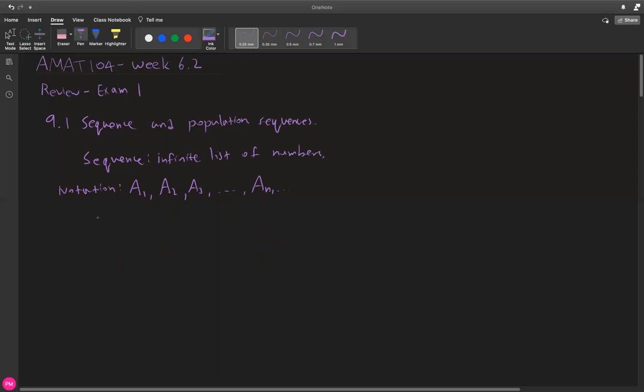In this case, population sequence is notated as P0 as initial population, and P1 as population after 1 generation, P2 as population after 2 generations, and so on and so forth, and Pn will be population after n generations, and it continues on. And that was actually the end of chapter 9.1.